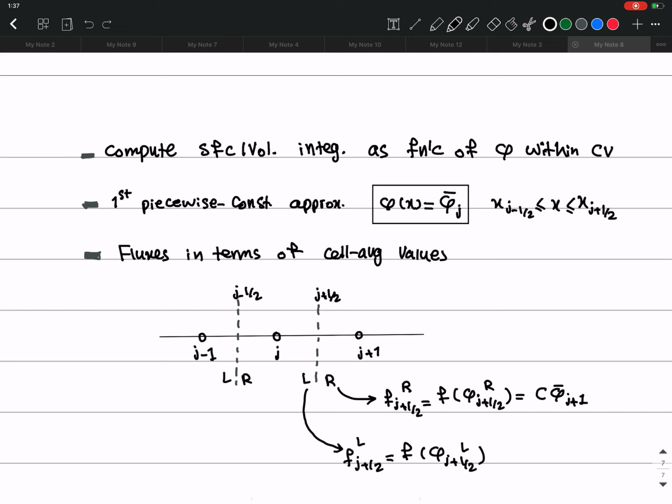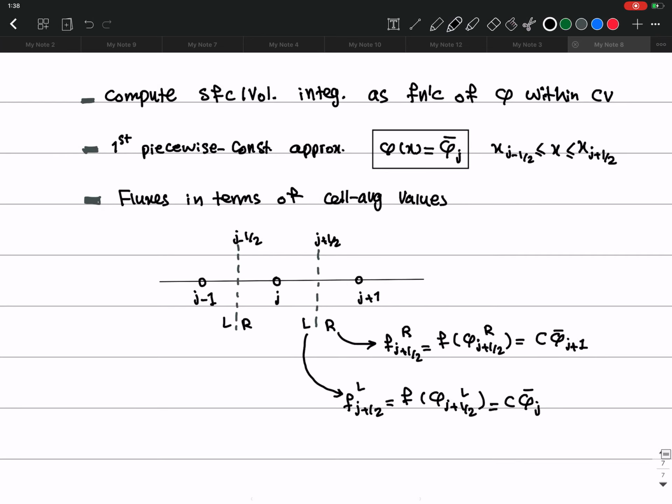So the phi j plus 1/2 left equals phi bar j from here, right? So this is going to give me a different result. It's going to give me c phi bar j. So depending on whether you calculate it from the right side or left side, it can give you two different results.